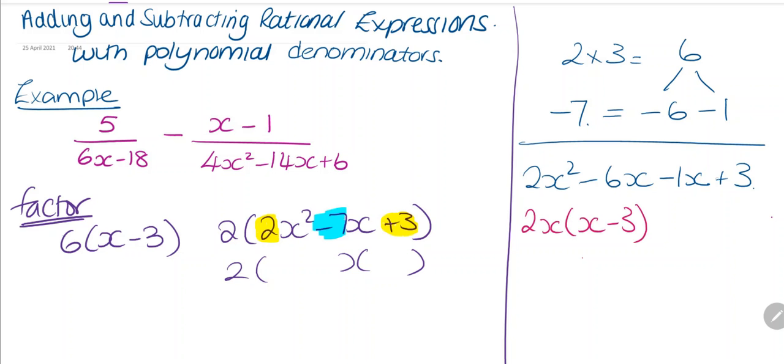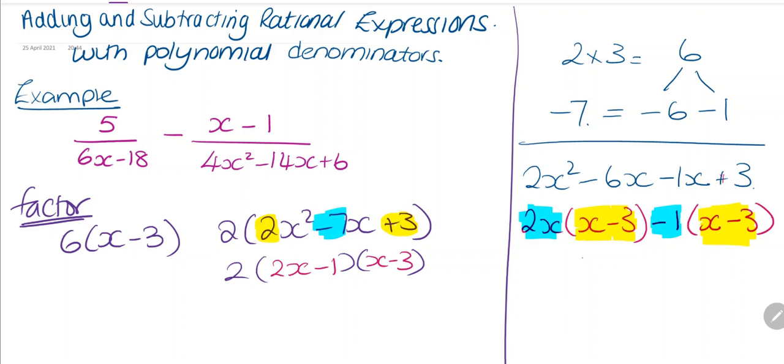And then if I factor this one by minus 1, this will be x minus, because minus times minus is positive, so it's going to be x minus 3. So now I combine, I write these together, and these are the same. So I'm going to write 2x minus 1 and x minus 3. So I have my factors.